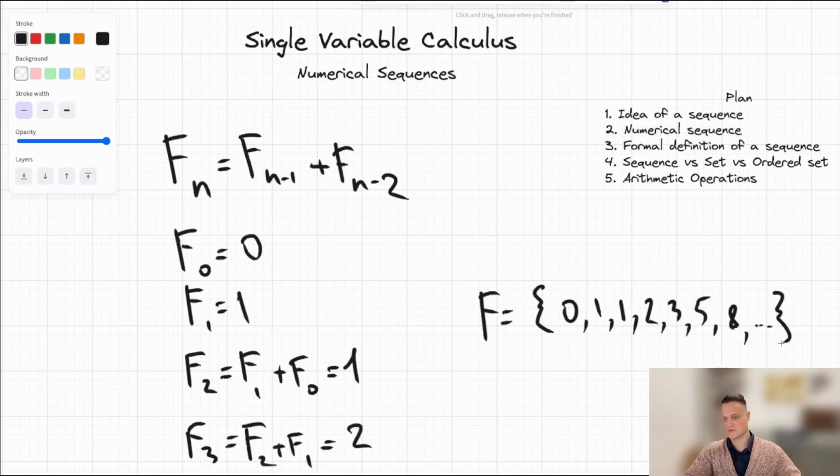Again, what we can say about the sequence, it's infinite. We can sum them up to infinity and beyond, as always. All of them are ordered, so we have the first element, which is 0, we have the second, the third, and so on. So a perfect example of a sequence. Interesting note, as I have already mentioned, they are defined recursively.